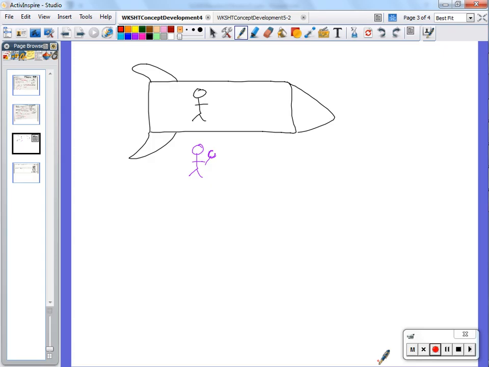Okay, so if I drop both of these, what happens to them? They both accelerate at the same rate, so they hit the ground at the same time. Now let's say this room wasn't on the ground, it was suspended in the air.